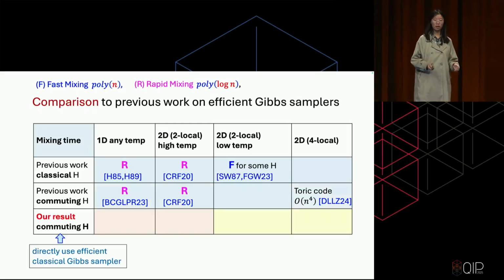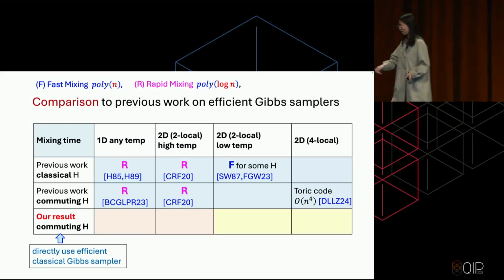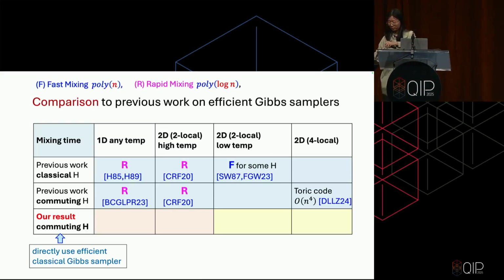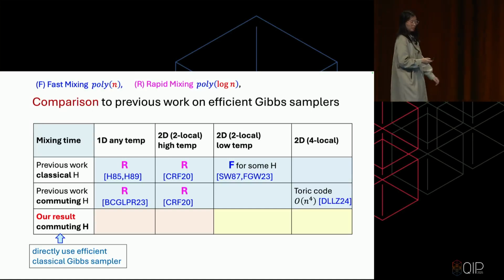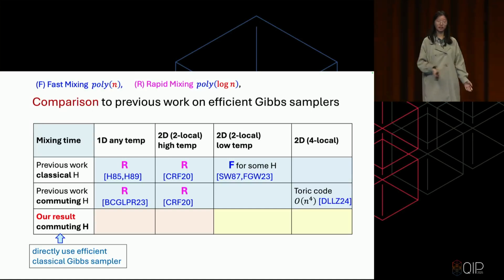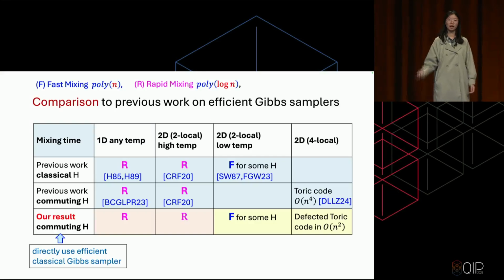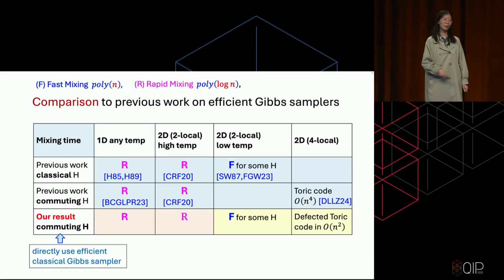And for our work, we directly use efficient classical Gibbs samplers. We are able to generalize many results from classical to quantum. So for the easier regime, we also get rapid mixing.